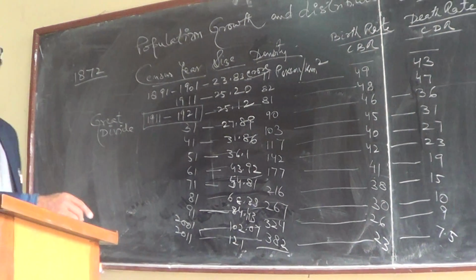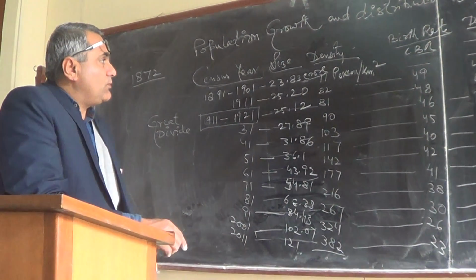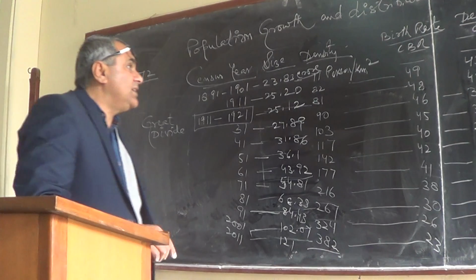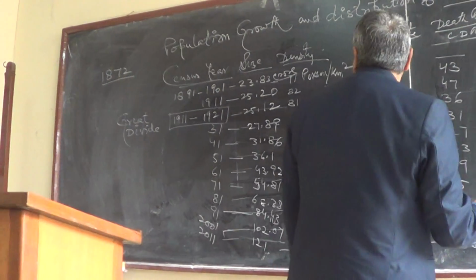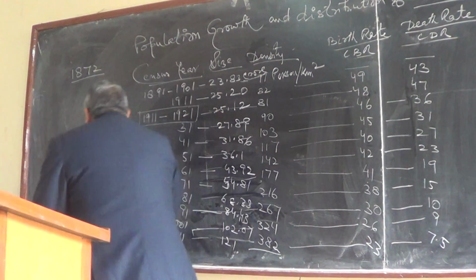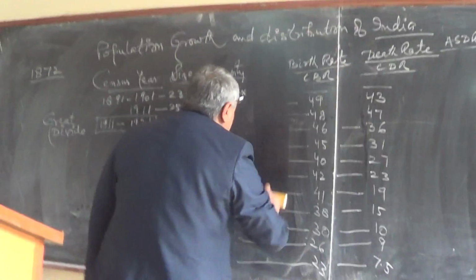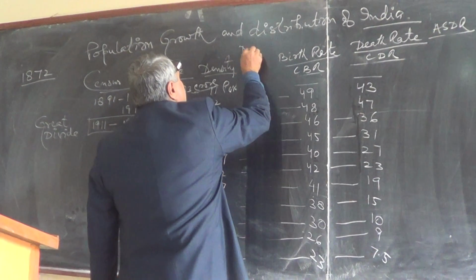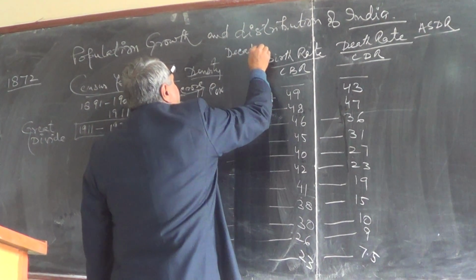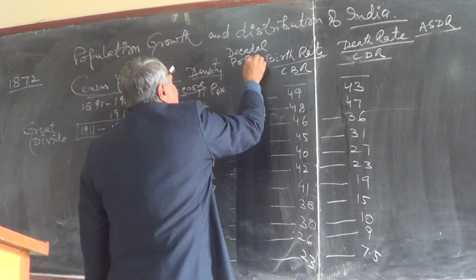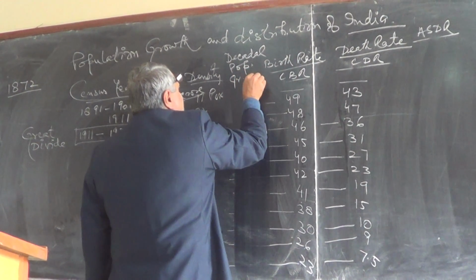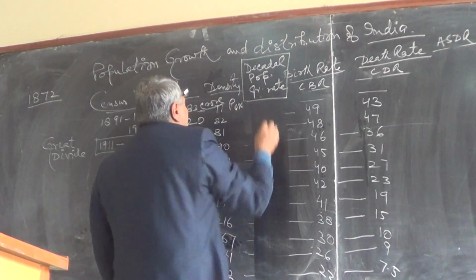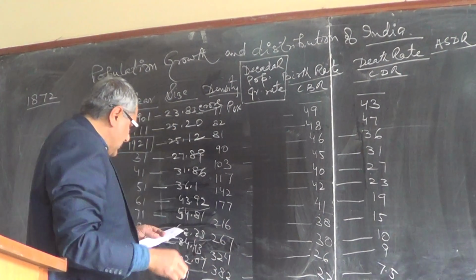On the basis of this, we can calculate the population growth rate, the decadal population growth rate. This is very important statistics. Decadal population growth rate in 10 years, how the population increased.